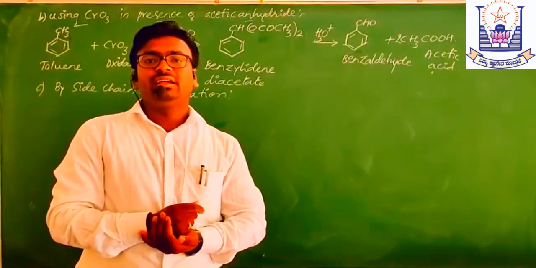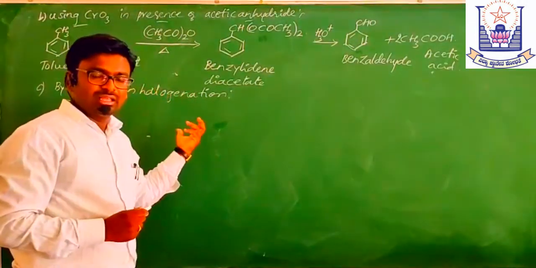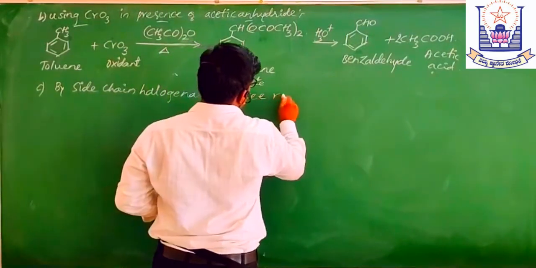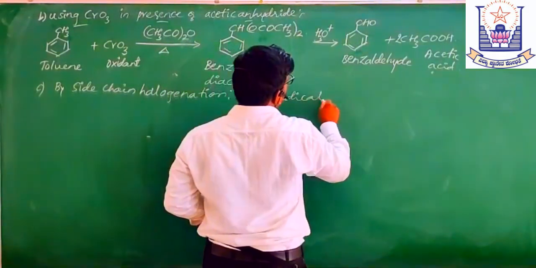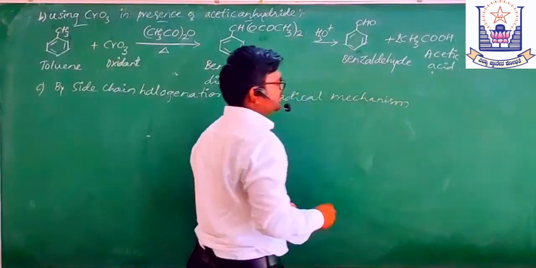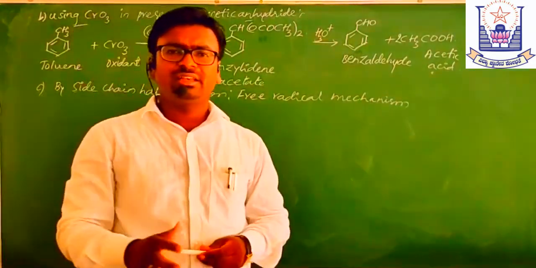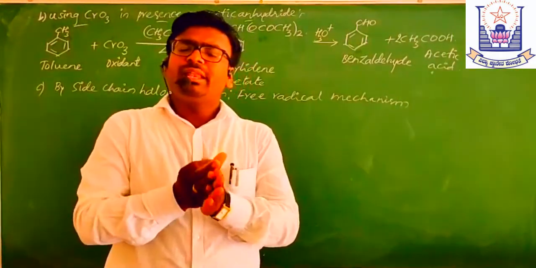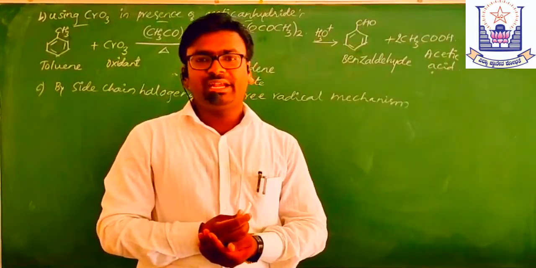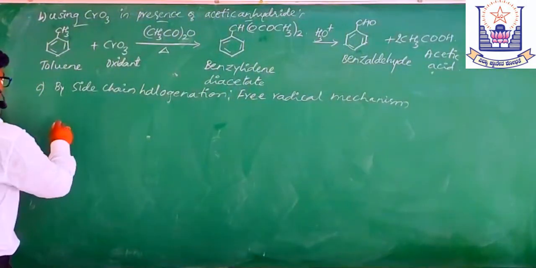This induces the free radical mechanism. This reaction will occur through a free radical mechanism. Here mechanisms are also very important. Whenever you use sunlight or electromagnetic radiation, homolytic cleavage of a covalent bond takes place that forms free radicals. Take toluene.